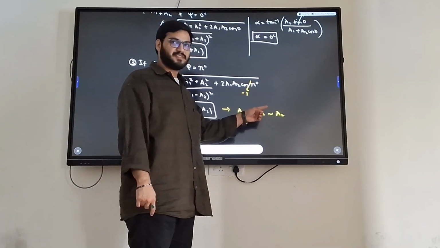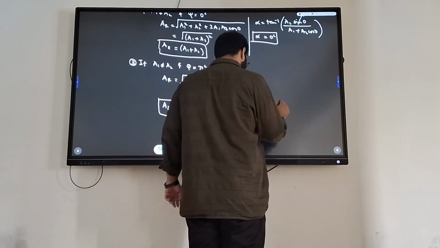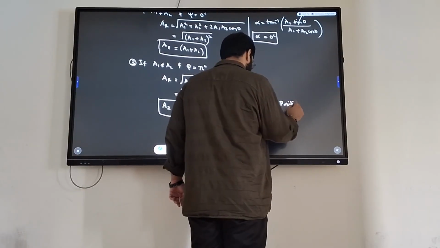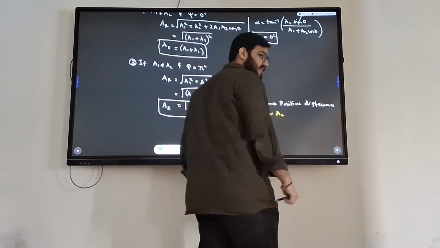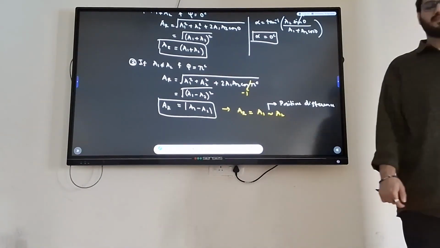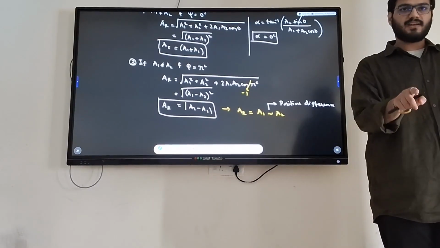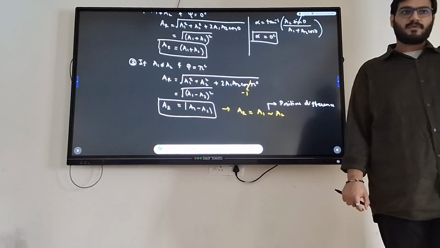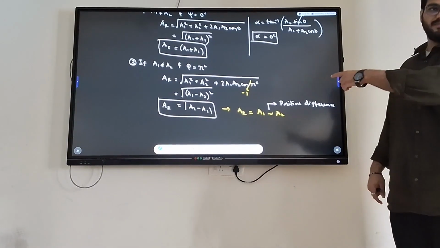This is called positive difference. Now what do you mean by positive difference? 3 minus 4 is minus 1, but the positive difference is plus 1. Take the subtraction but take the positive side. That's a positive difference. It's basically the same as a modulus.